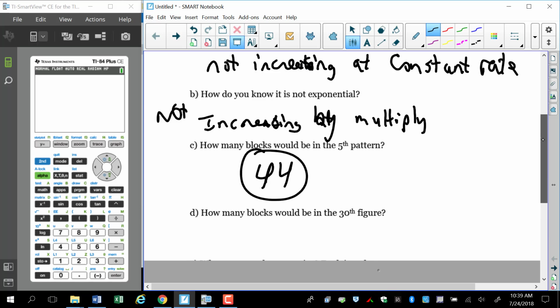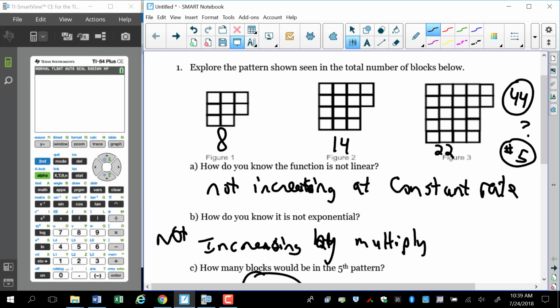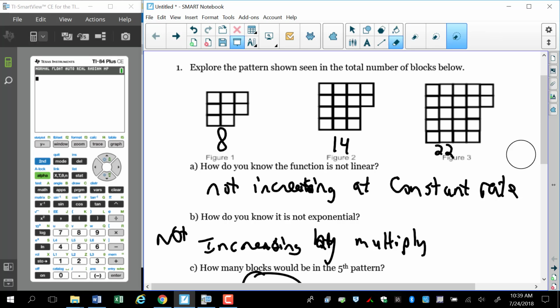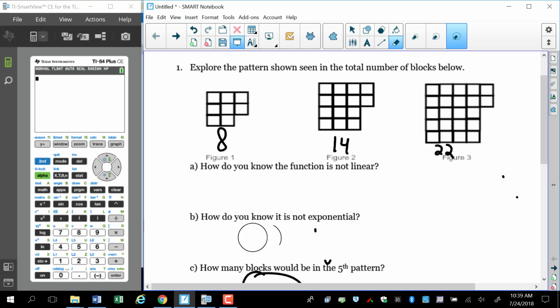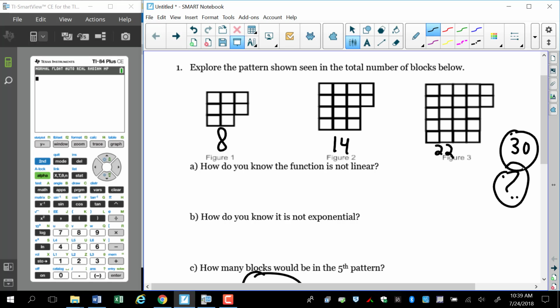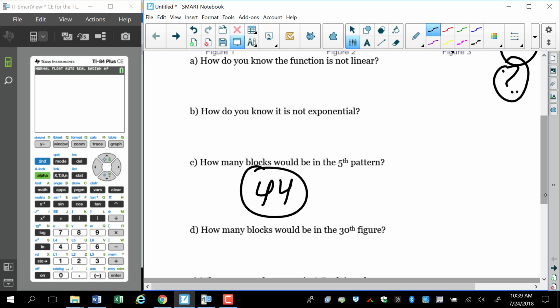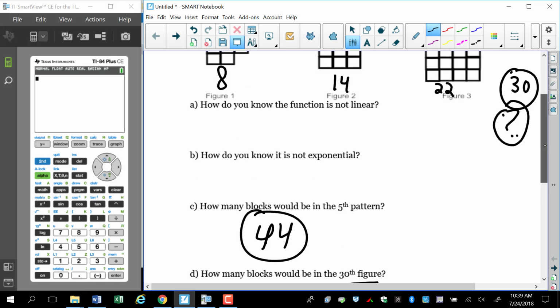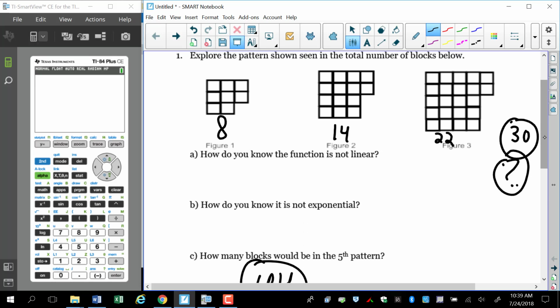So what I'd like you to do now is, again, go back up here, pause the video, and see what can you do to get to the 30th figure. So if we want to know about figure number 30, how many blocks would be in figure number 30 in this pattern?